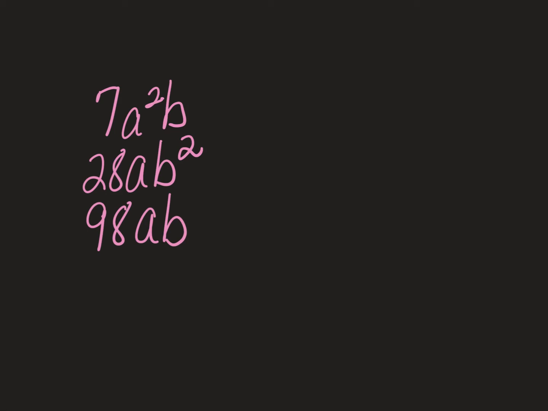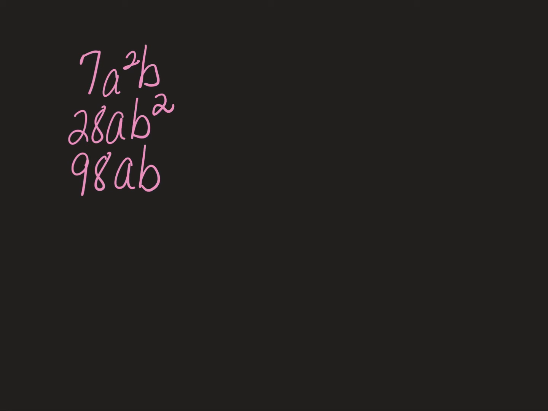All right, so here we go. We're going to start with 7, and technically with number 7, it's already prime, so you can just write 7 times a times a times b.